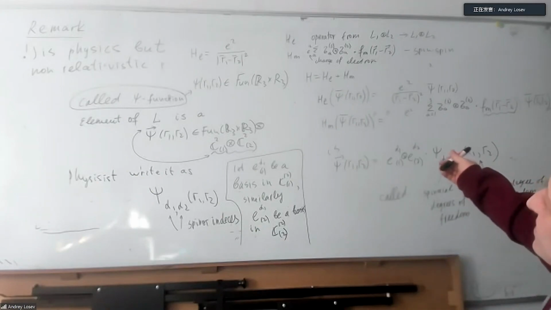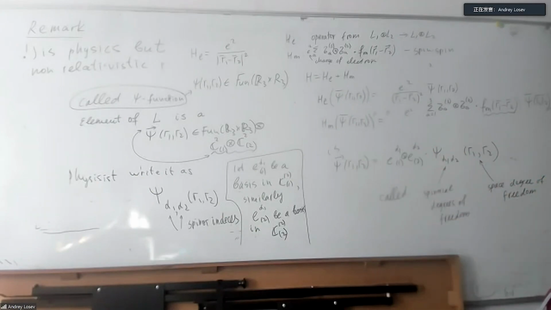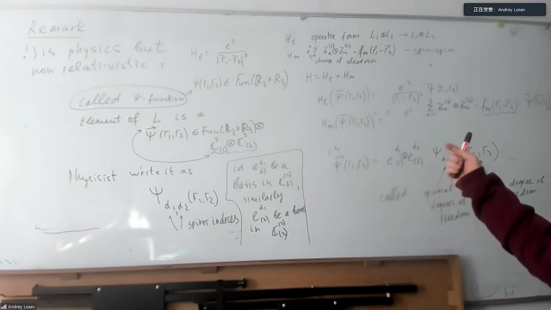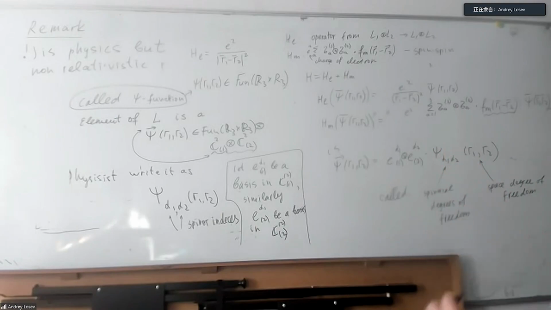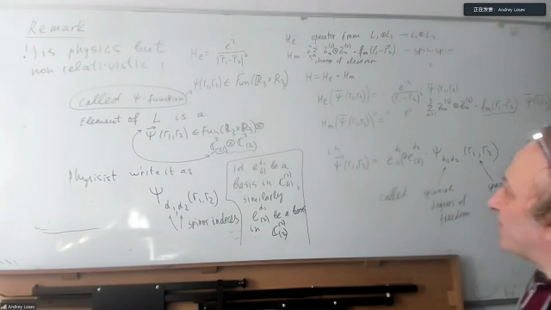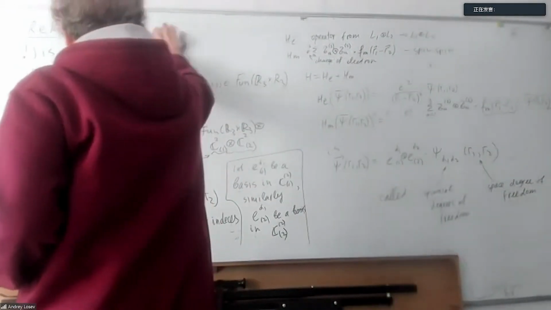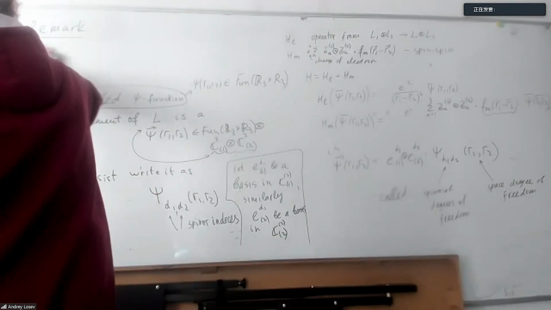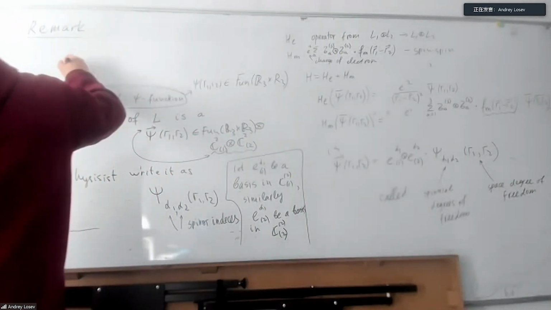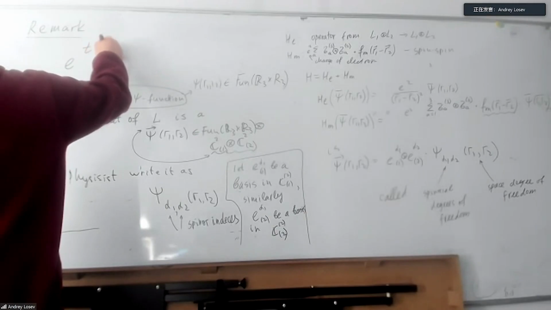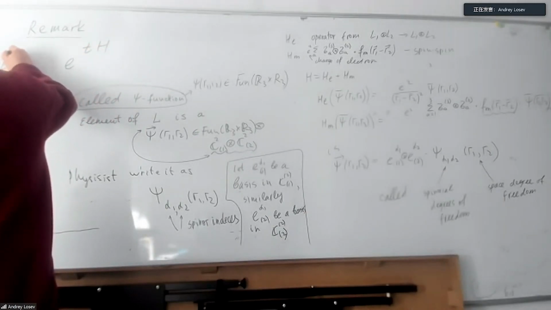And then we may study the evolution of the system of two electrons. And evolution is given by the operator e to the itH, evolution.